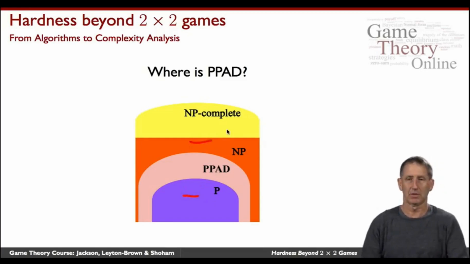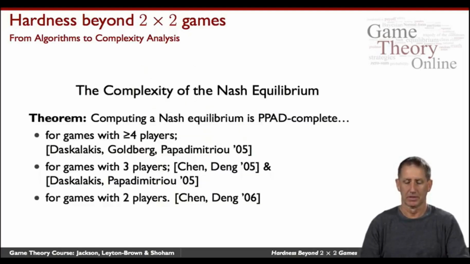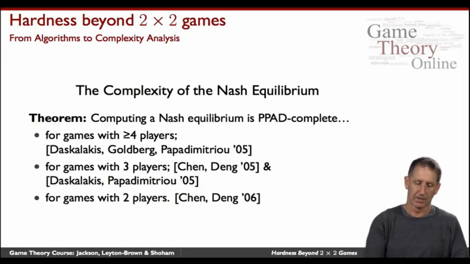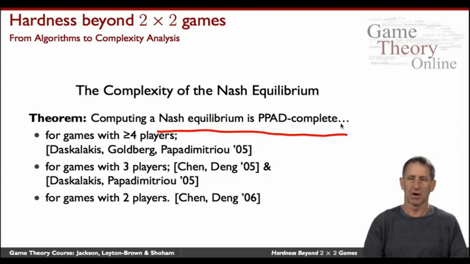Now, what does that have to do with the problem of computing a Nash equilibrium? Well, that's where the following theorems come in. Originally, it was shown that the problem of computing a Nash equilibrium is complete for this class PPAD. That is, it's the hardest among all problems in that class.